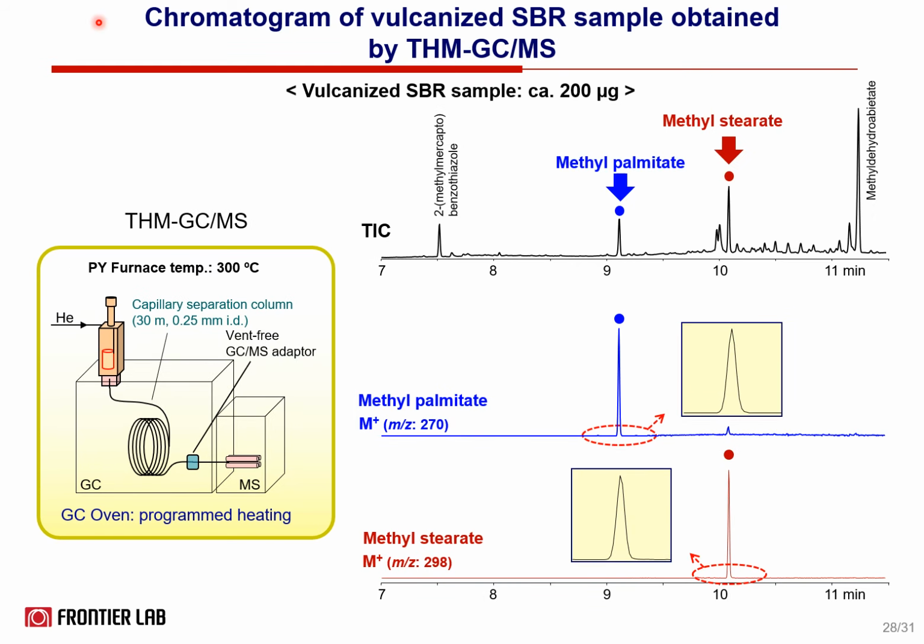On the other hand, the peaks of free fatty acids that were derivatized by THM at 300 degrees C are shown in the middle and bottom rows. It was confirmed that both peaks, methyl palmitate and methyl stearate, were not tailing. These peaks were used to quantify the free fatty acid in the vulcanized SBR samples.